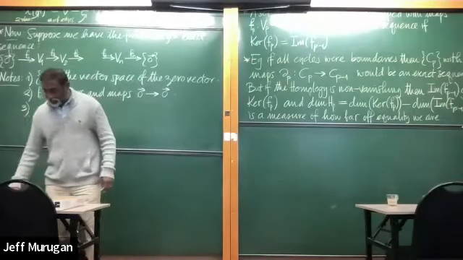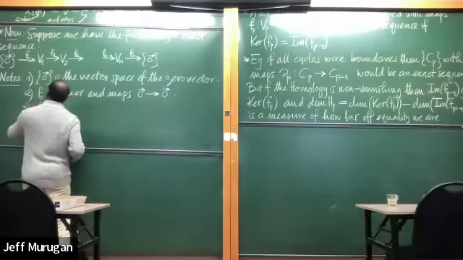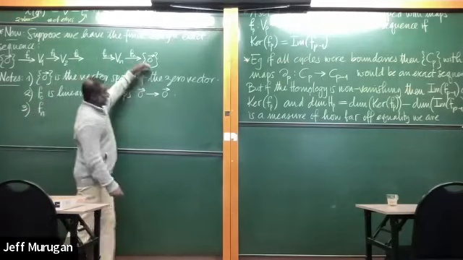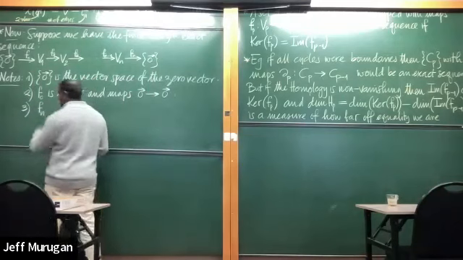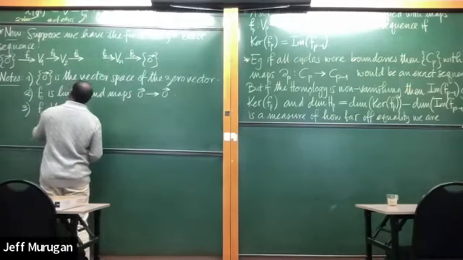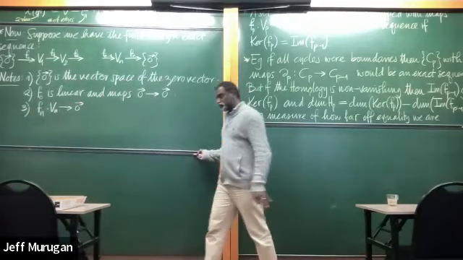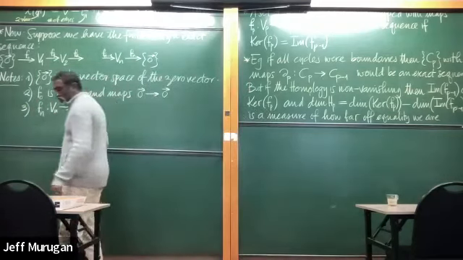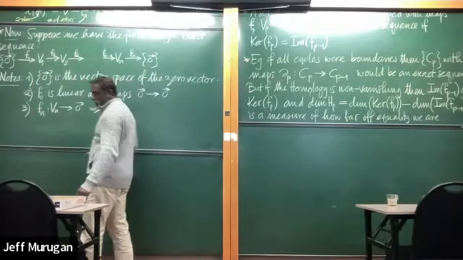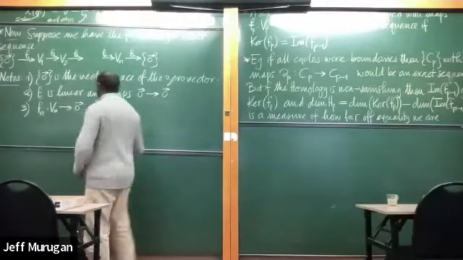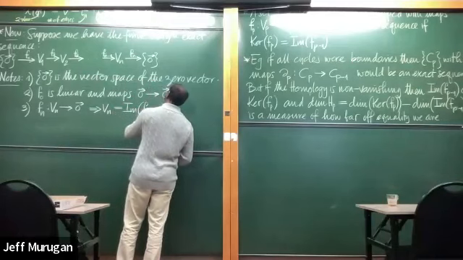Point 3 is that because it's an exact sequence, Fn maps Vn to 0, which means that Vn is the image of F_{n-1}.